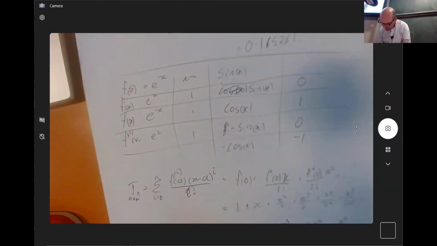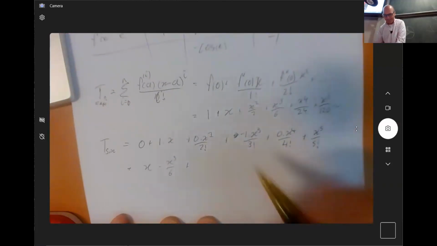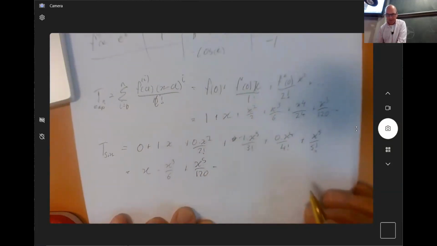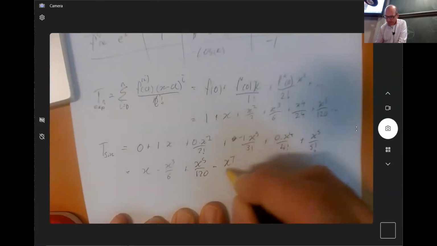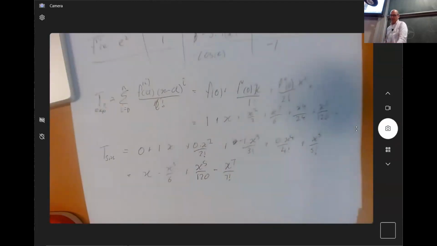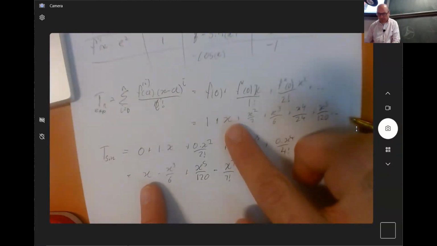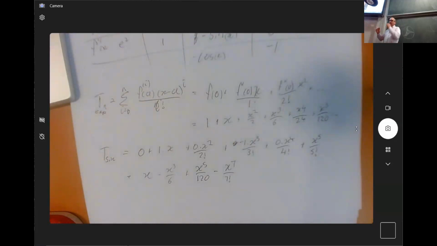So what I'm getting is x minus x cubed on 6 plus x to the 5 on 5 factorial, and then minus x to the 7 on 7 factorial. Notice that what we've done is pick out the odd powers from e to the x, but change the sign on every second one.